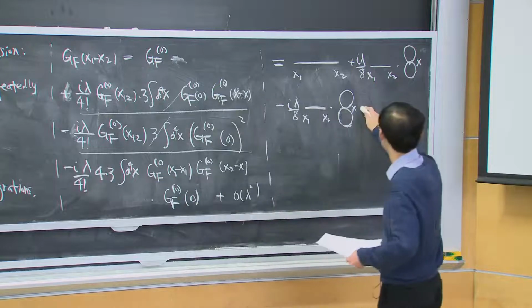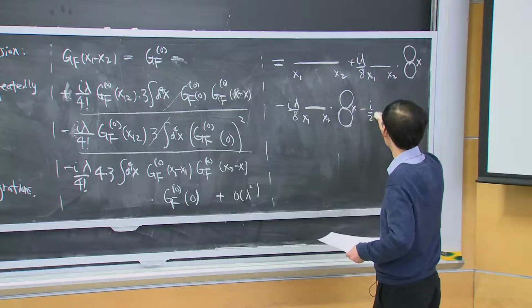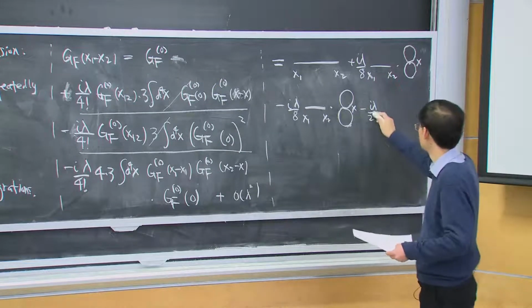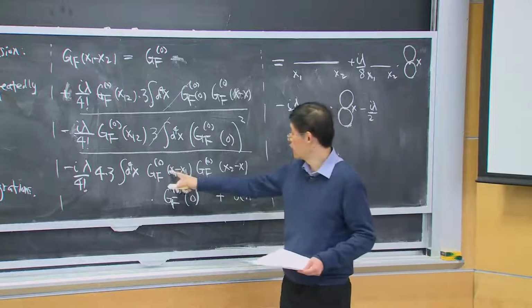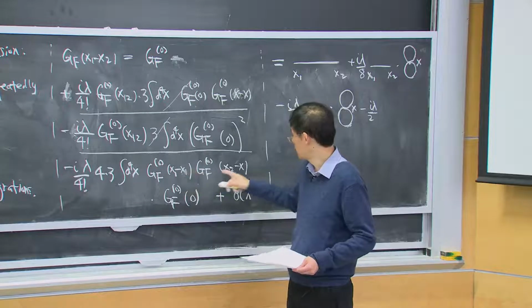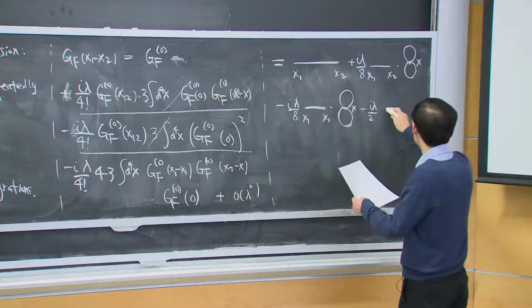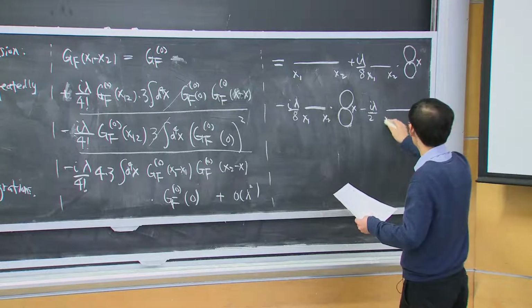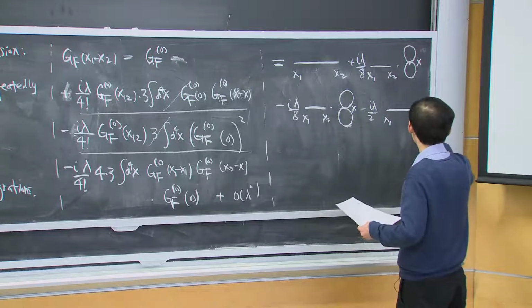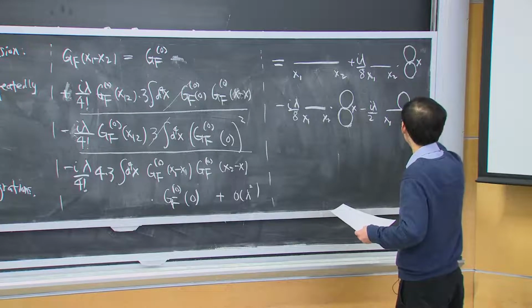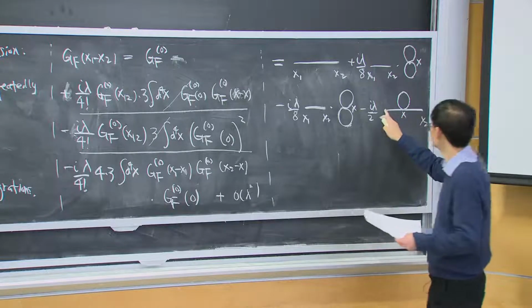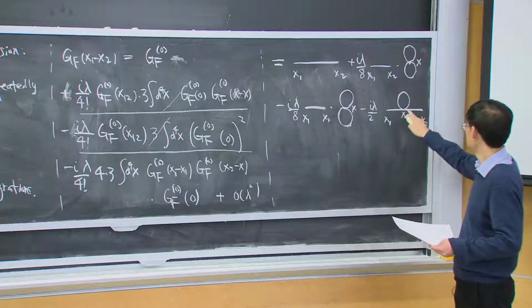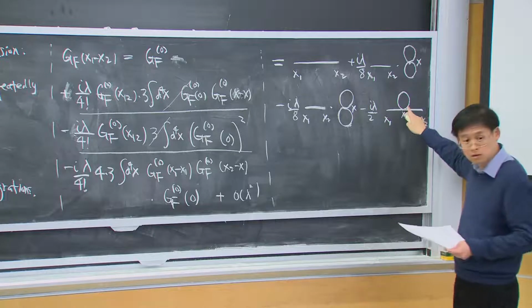This is minus i 2λ, and λ divided by 2. So now x1 is to x, and x2 to x, and then you have something like this: x1, x2. So this here is x. x1, x, x2, x, and then x2 itself.